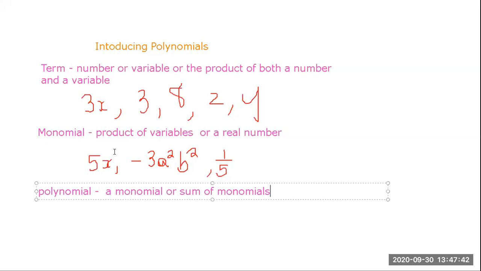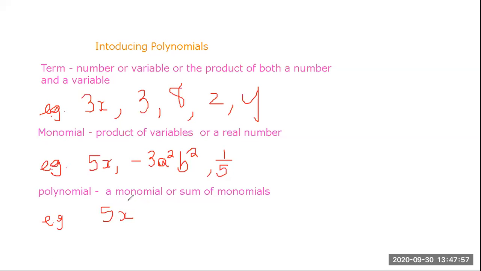For example, if I have 5x squared plus 3x minus 4, that right there is a polynomial because it includes several monomials, or it's the sum or subtraction of several different monomials.